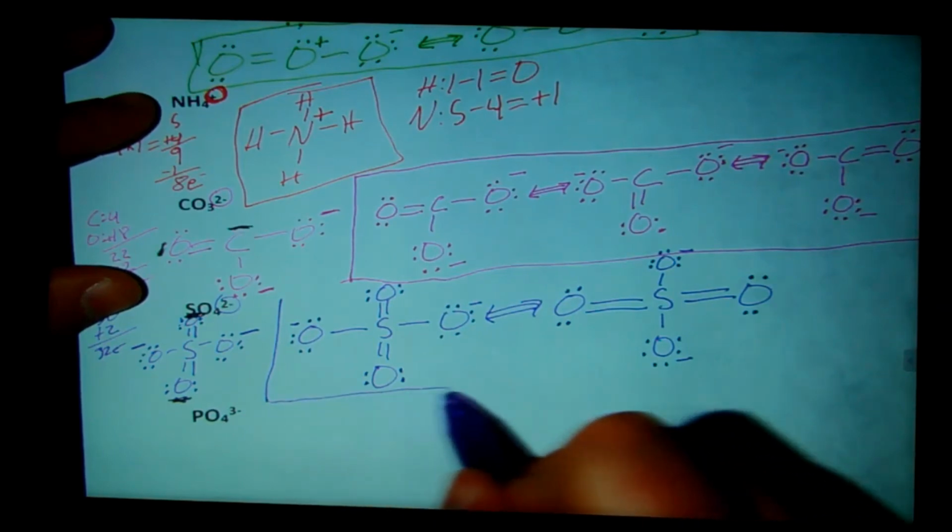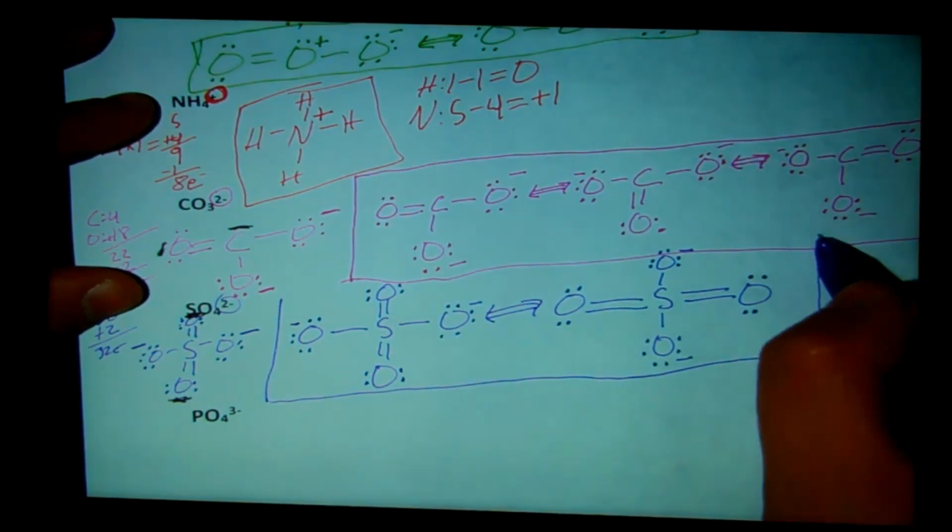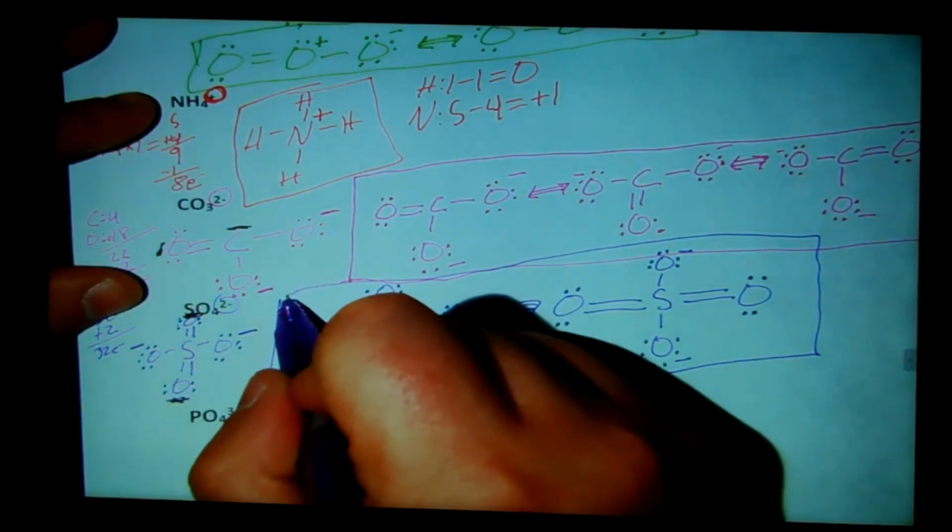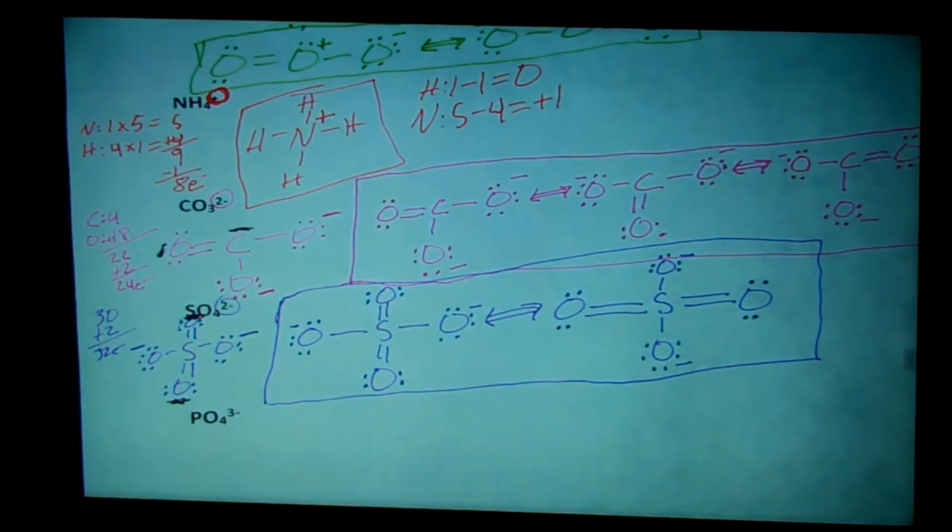Charges, everything's got a full octet. Sulfur is a rule breaker, so it doesn't matter on that one, and we're set. There is sulfur. It is a trick, okay? So watch yourself there. Alright?